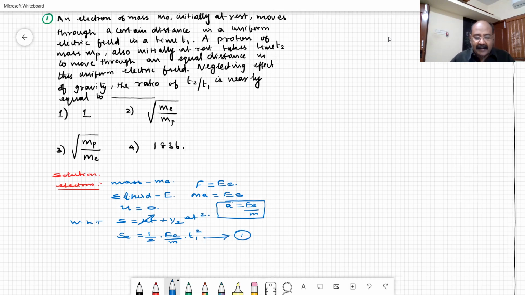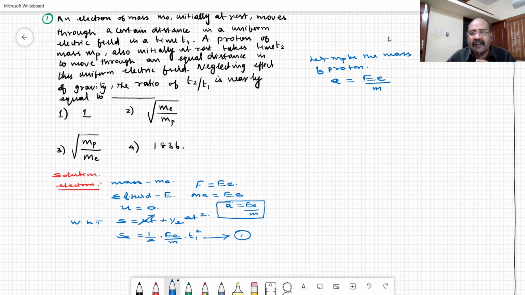Similarly, consider the proton. Let mp be the mass of the proton. Then the acceleration produced on the proton is equal to E into e divided by, instead of m, mp. Here E is the applied electrical field and e is the charge of the proton.